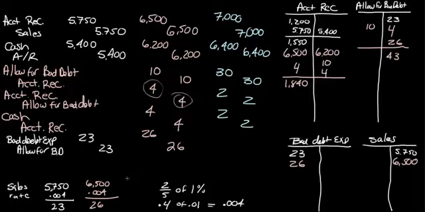And then we'll do that very last posting, so 7,000 times 0.004, and that number is 28. So we will debit the bad debt expense of $28 and credit the allowance for bad debt for $28. So you can see that our expense that we record every period is based on the sales we have in the period.